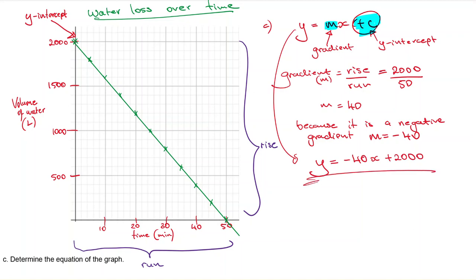And that is my final answer. If you want to go further, instead of using y and x, we can use v for volume equals negative 40, and instead of x, we'll use time, plus 2000. And that's it there. I would leave it as that, your final answer.